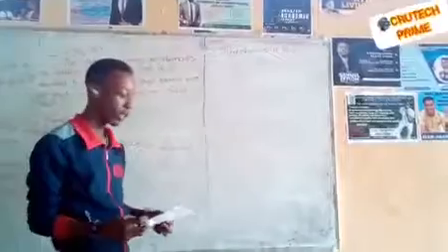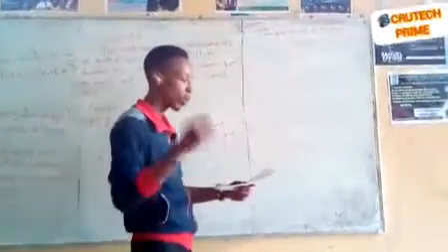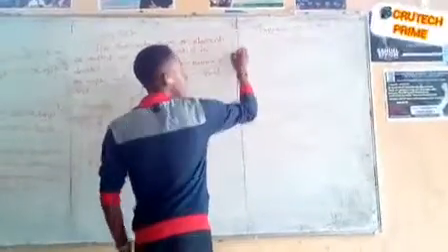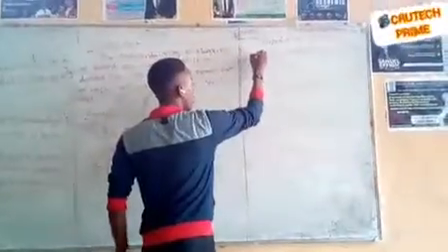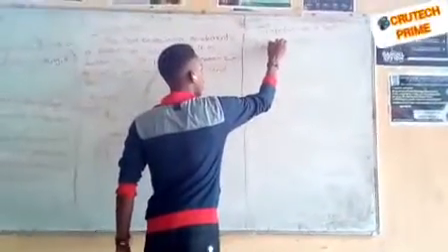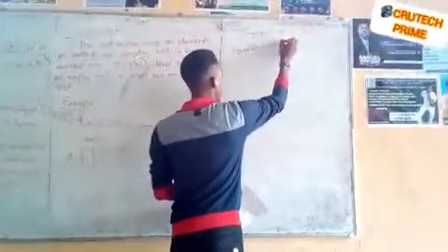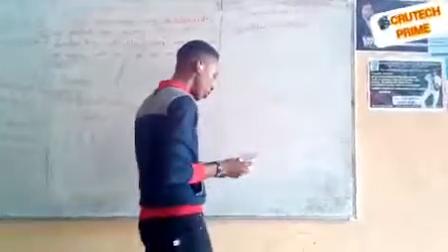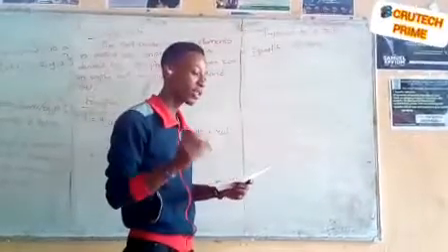Now we have equality of sets. What does it mean? Say this set is equal to this set. I will go through it very closely because it can be quite confusing. Two sets are equal if every element of one is also an element of the other.